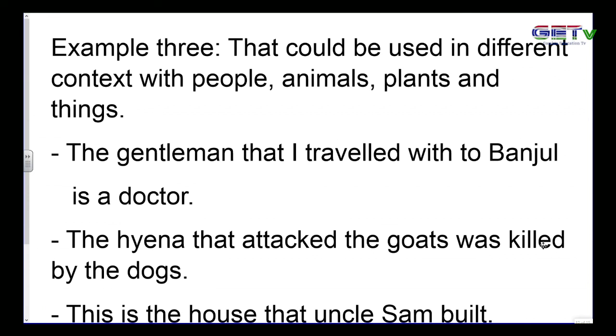The use of that. The hyena that attacked the goats was killed by the dogs. This is the house that Uncle Sam built.